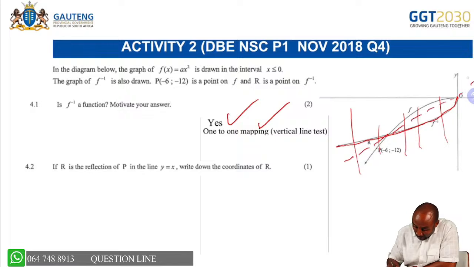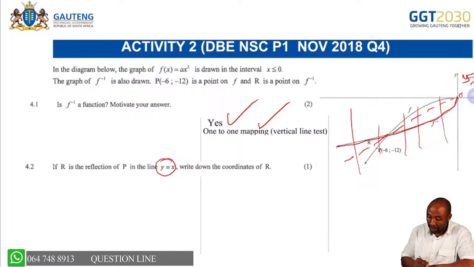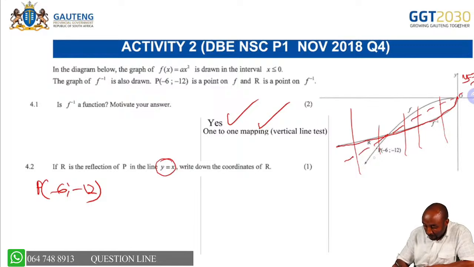Remember our axis of symmetry, y is equal to x. If R is the reflection of P in the line y is equal to x, can you see the guidance? Y equal to x, you know that this is our inverse function. Remember, our P was -6 and -12. If this is reflected about the line y is equal to x, it means the coordinates of P are now the coordinates of R. P is on the original function, R is on the inverse function, meaning x and y swap position.